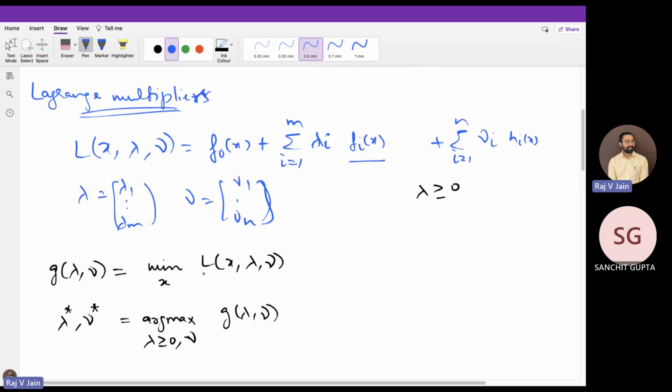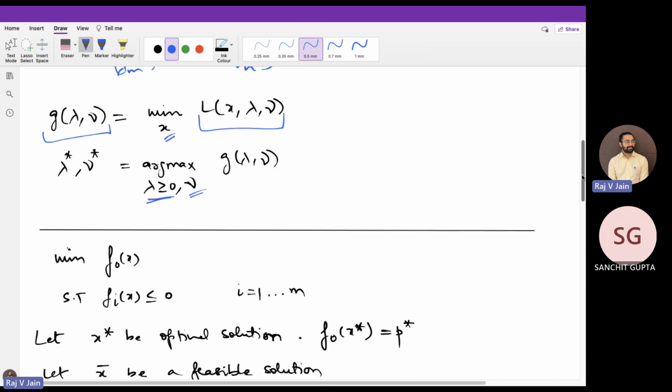So the way we proceed here is that we get a function called g of lambda comma nu. This is calculated as a minimization of this Lagrange function over x, and then you find the maximizing parameters of g of lambda comma nu. With this condition, the lambda has to be greater than 0, and nu can be unrestricted. So we'll see why this is.